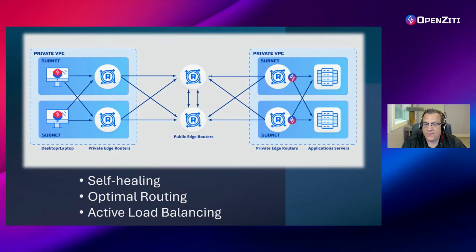Should one of these public routers fail, as you can probably tell, the routers will all have paths that traverse that overlay network. So resiliency becomes important when you have more than one edge router out on the internet.